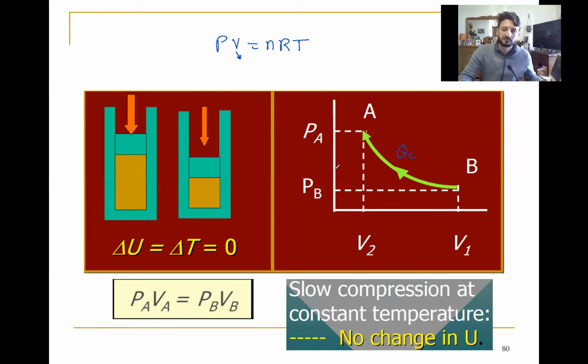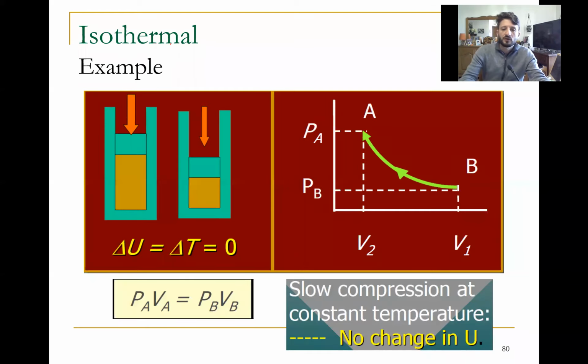And the opposite, if we increase the volume, we decrease P and T. To keep T constant, we add a quantity of heat Q. It will be Q hot. Anyway, you can find the value of Q by calculation.